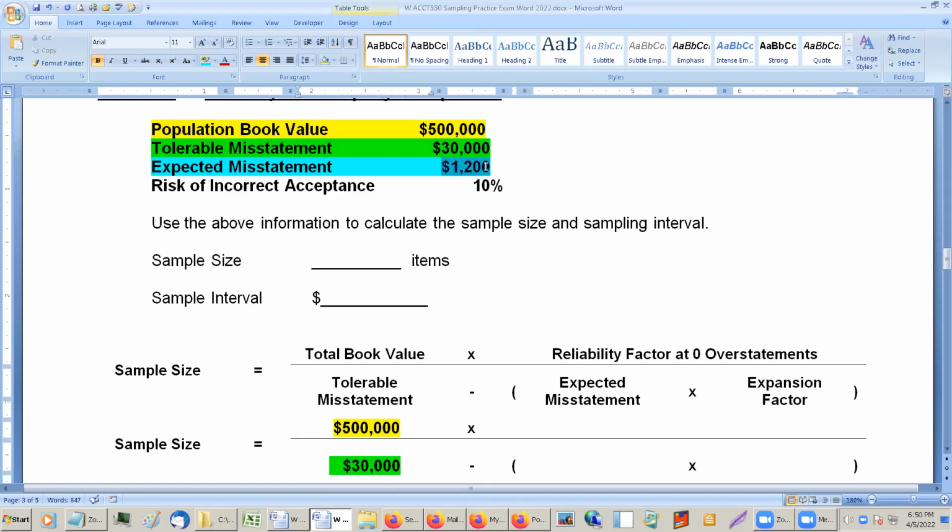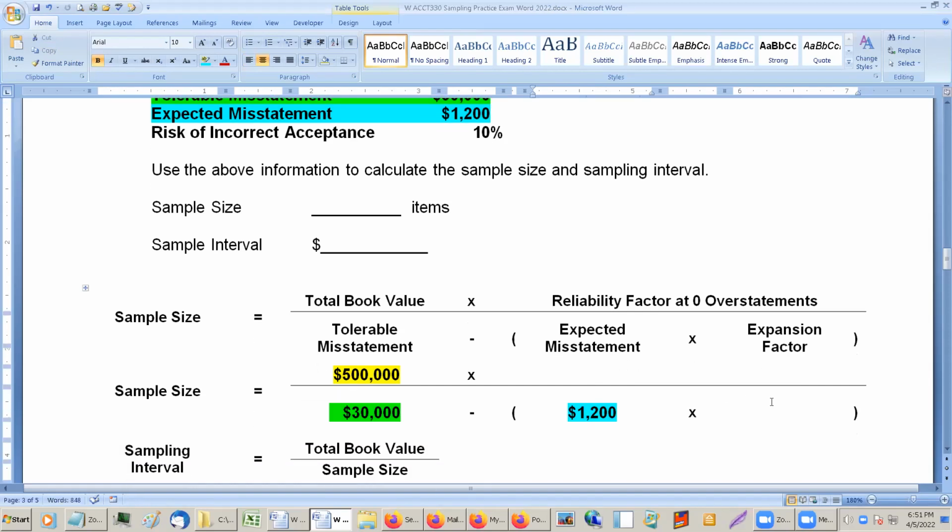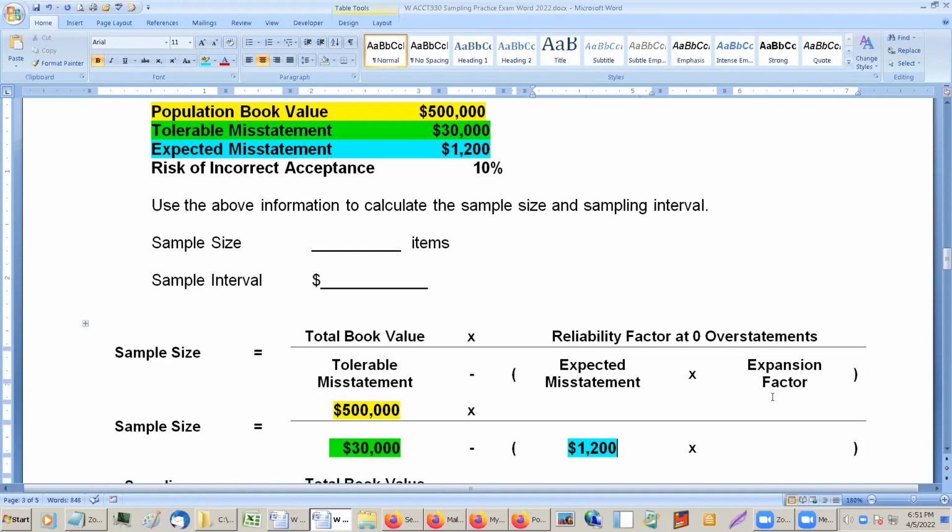And our expected misstatement, which is that. And now we need to get the wacky ones. And these are the two wacky ones. Reliability and the expansion factor.